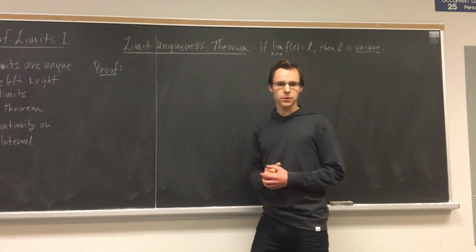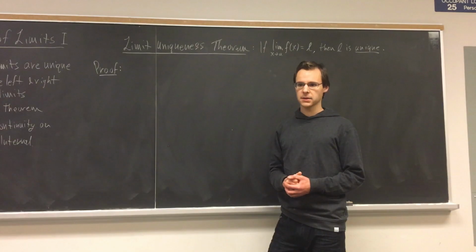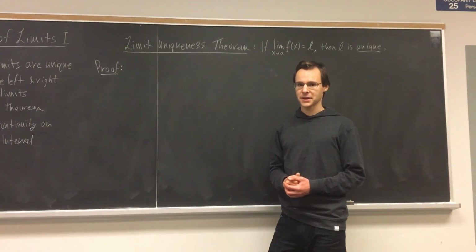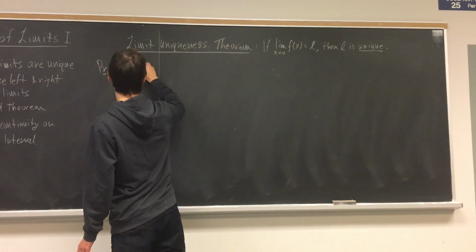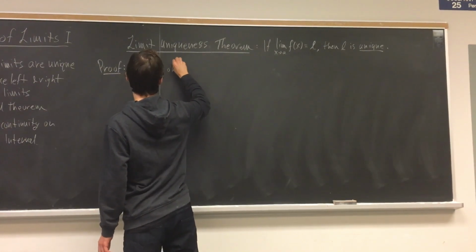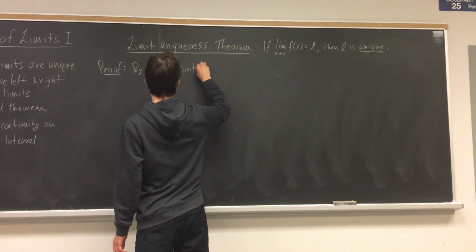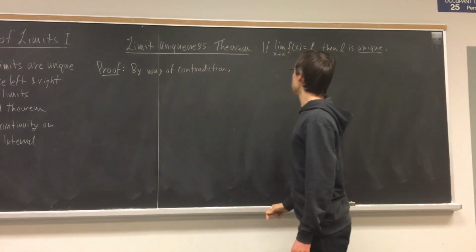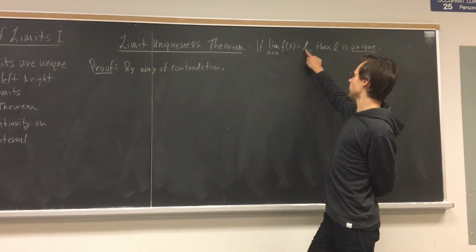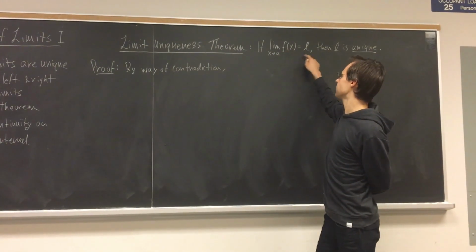The standard way to prove that something is unique in mathematics is to assume that it's not unique. Okay? So we're going to go by way of contradiction. By way of contradiction, we're going to assume that we also have a different value here, m, satisfying this statement.